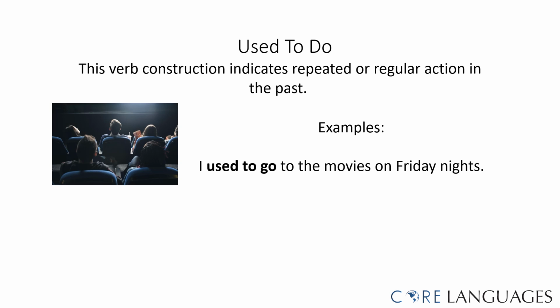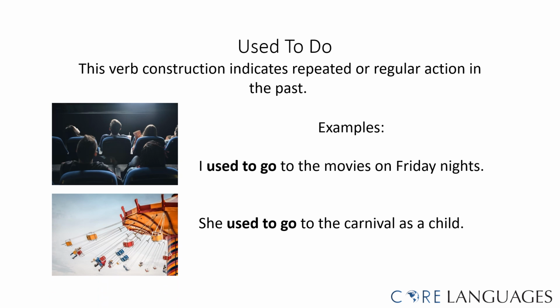This sentence indicates that going to the movies on Friday nights was a regular or repeated action. She used to go to the carnival as a child. This sentence indicates that going to the carnival as a child was a regular and repeated action.